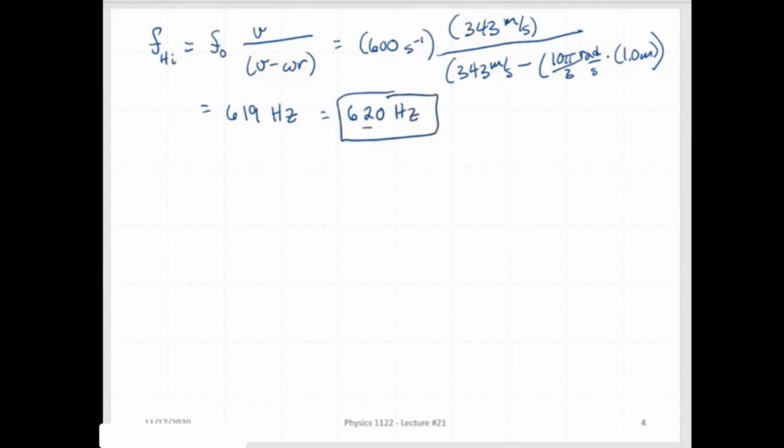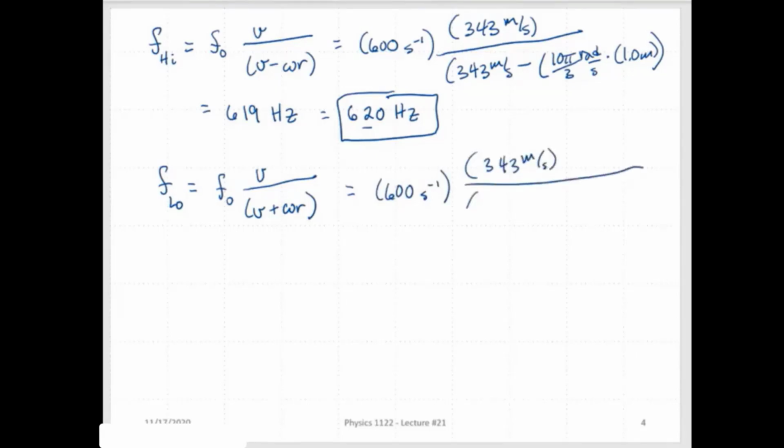And then we run through the same calculation for the low pitch frequency that we'll hear when the sound box is moving away from us. And this time we choose the positive sign in the denominator of our Doppler effect equation. And so for this, we would again have 600 hertz for f naught. Speed of sound is still 343. And the only difference in the denominator is we're now adding the second term.